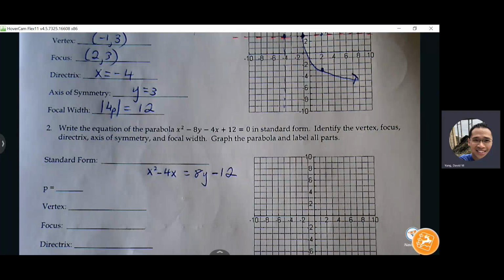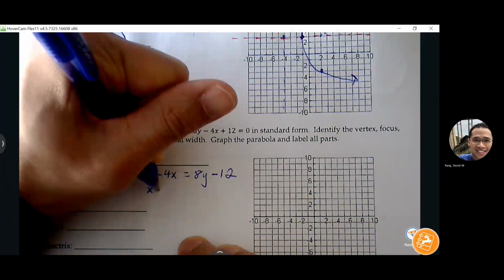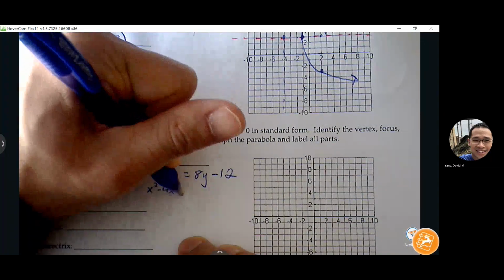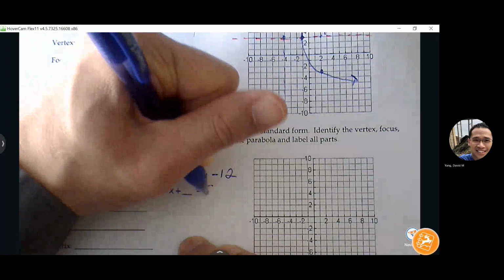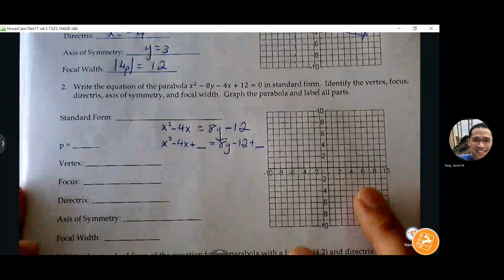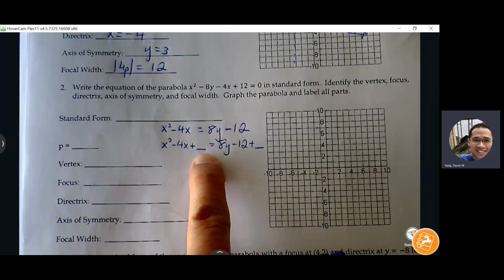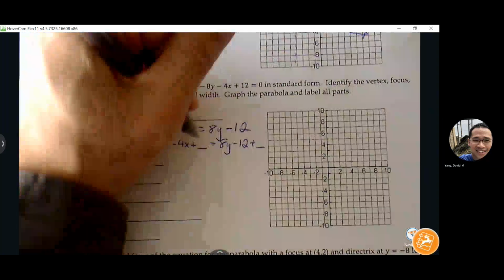I'm going to complete the square for the x's. Fill in that space, b over 2 squared: 4 over 2 is 2, 2 squared is 4.